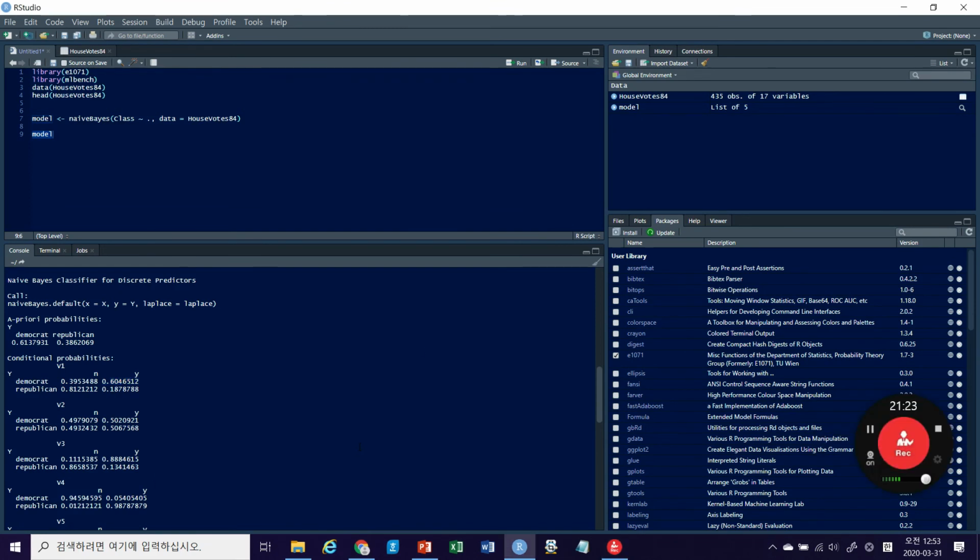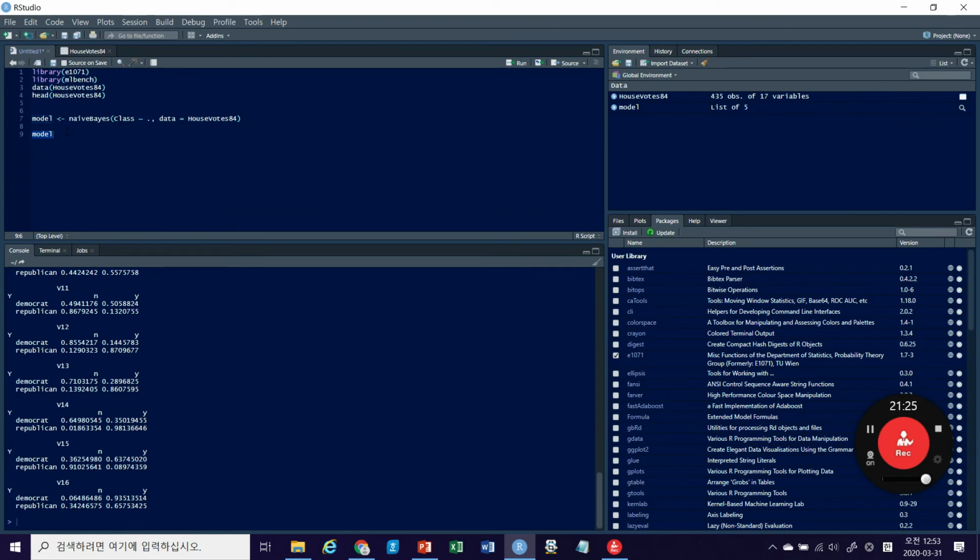So you can just install this package and then use this function to train a naive Bayes classifier. But at this juncture, I want to give a question. Can you implement this naive Bayes classification without using this function? Can you program it using R?